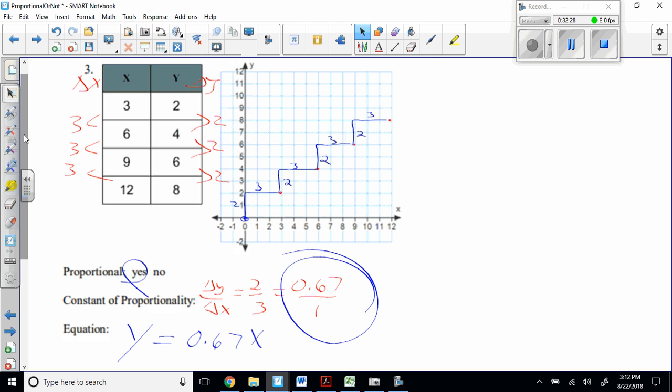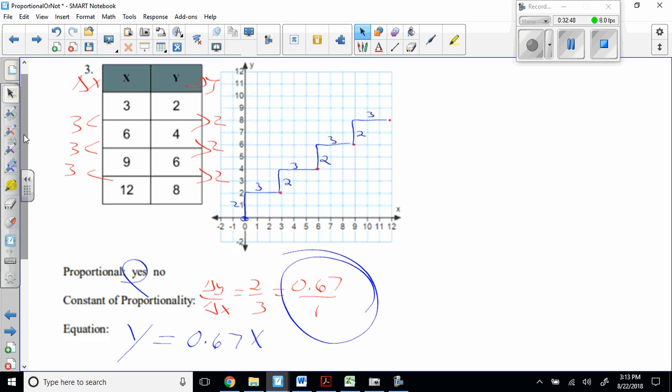They don't have a proportional relationship, meaning they don't go through 0, 0, the origin, right? They'll go through some other place on the y-axis, and that's okay. If you do that, you would just leave it as 2 over 3, with an x.